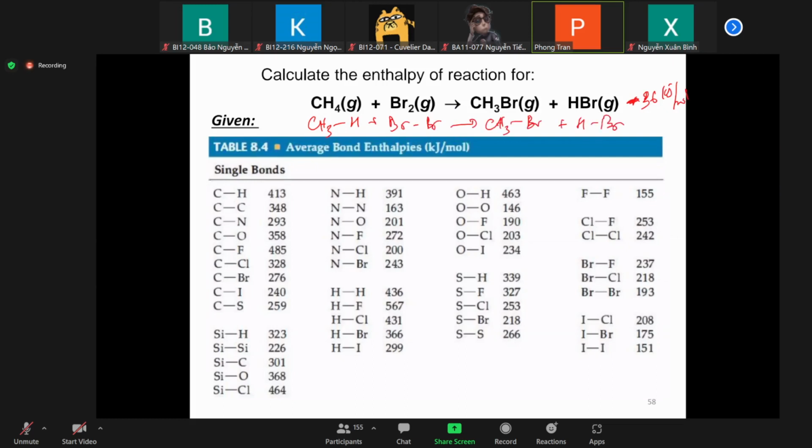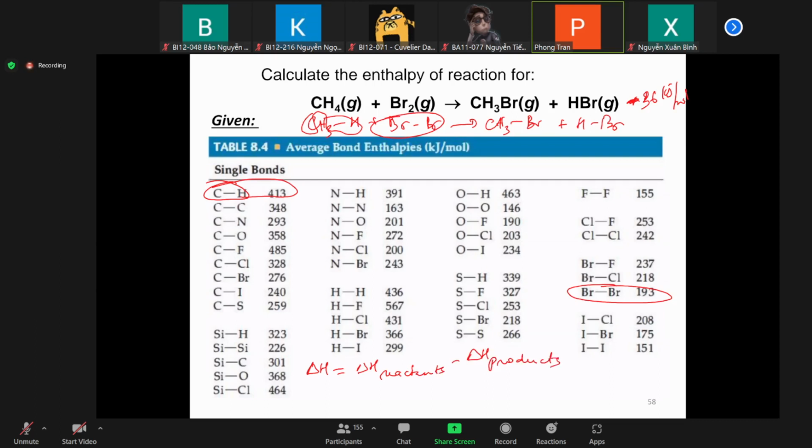You need to know first the bond enthalpy of C-H, this one, and the bromine, this one. For the reaction, delta H equals delta H of reactants minus delta H of the products.